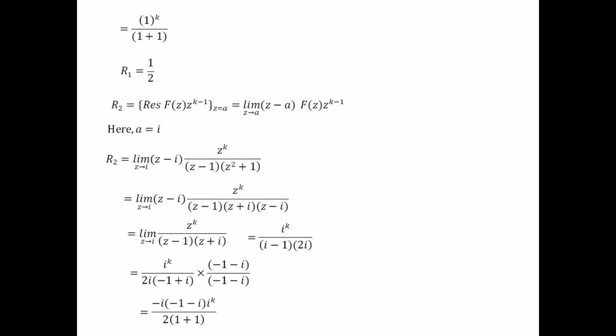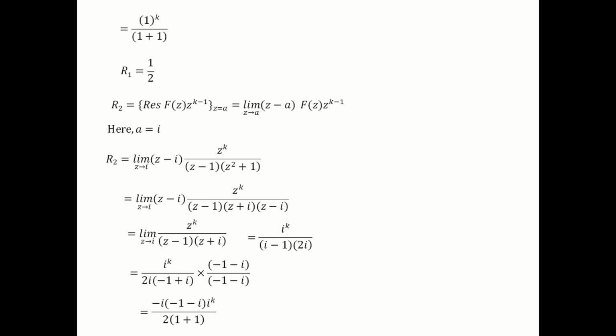So you will get minus i into minus 1 minus i into i power k divided by 2 into i square into i square minus 1. So minus 2 into 1. Then here, minus 1 square plus minus i square, so minus 1 square is 1, then i square is minus 1, so 1 plus 1, right?